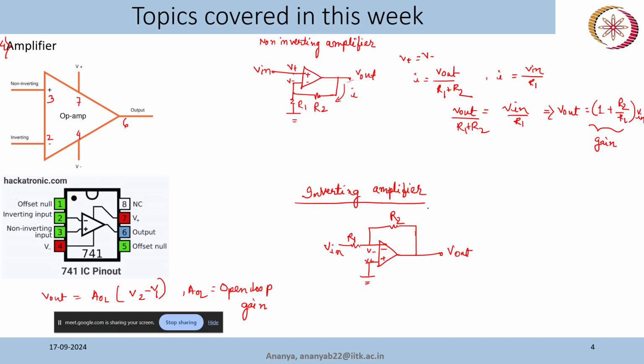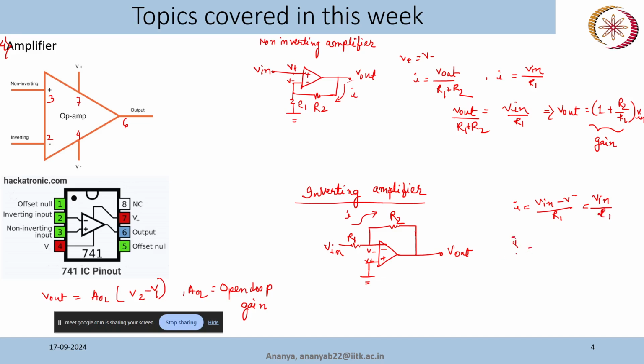So we can consider a current here, like this, I. So I is equal to V in minus V minus by R1, and because these two are virtually ground, V plus is 0, which means V minus is also 0, so this is V in by R1.